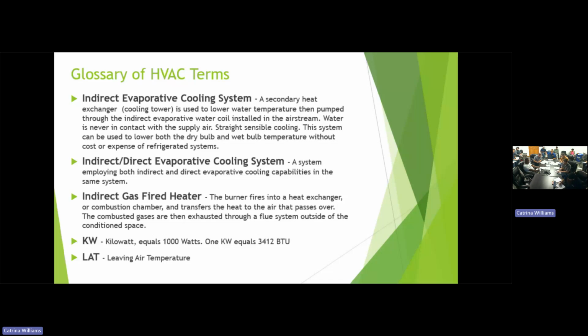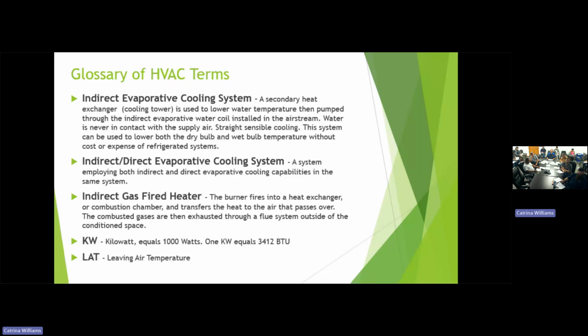In that particular one, we can lower both the dry bulb and the wet bulb without the cost of refrigeration equipment. Actually, you don't have the cost of refrigeration, although the MACE unit is not that much cheaper, but operating cost is about 20 cents on the dollar for the refrigeration system. So big operating cost difference.